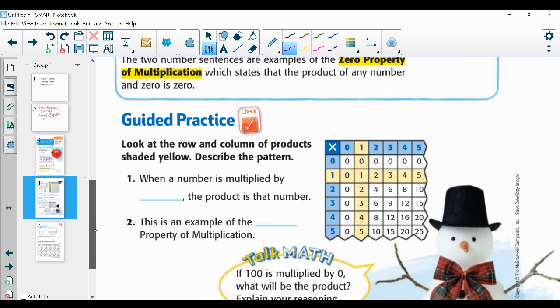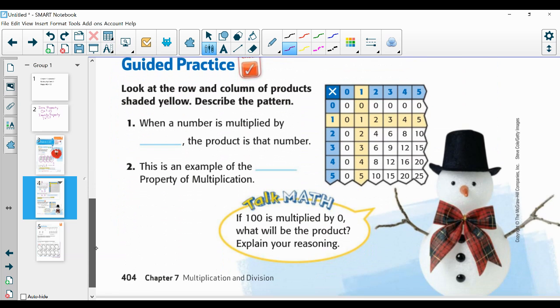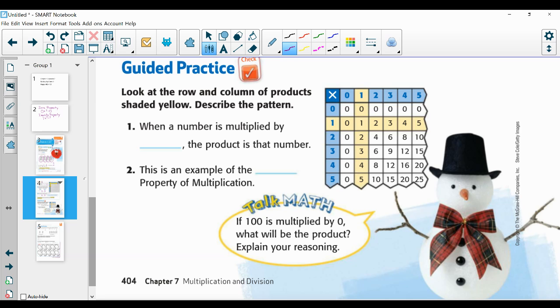Okay, guided practice. I will read it to you, then you will pause the video, write your answer, and then start the video and see if you got your answer right. So look at the row and column of products shaded yellow. Describe the pattern. When a number is multiplied by blank, the product is that number. Pause your video.